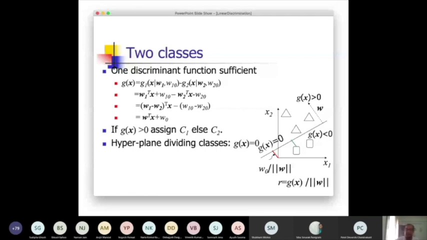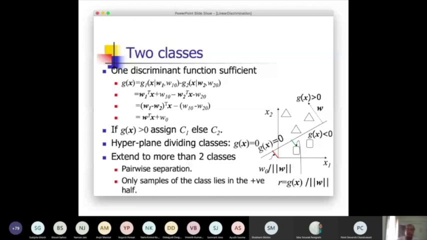So this is the distance we are measuring when we consider the distance from the hyperplane, and we can extend it to more than two classes also, the same thing. Only samples of the class lying in the positive half can be considered to belong to that particular class, because that is the maximum value.